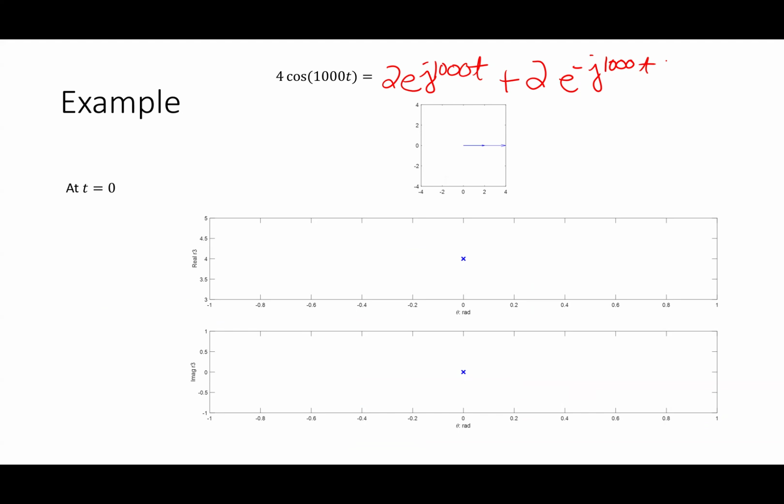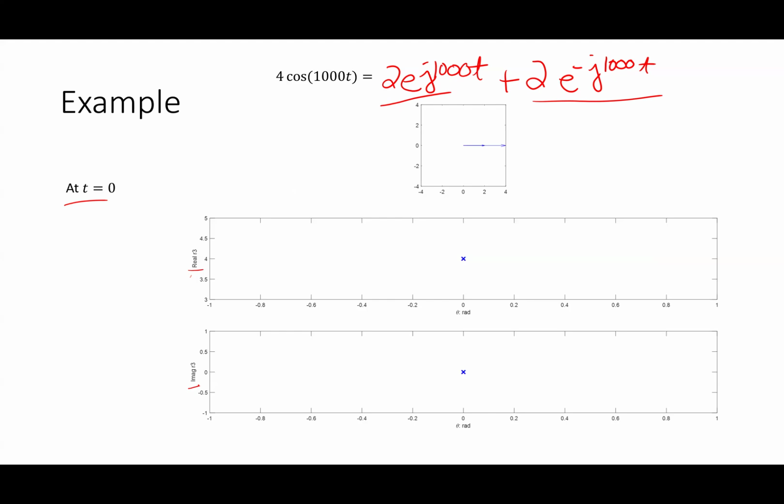Okay. So what I showed here is basically a couple of things. What I showed is this vector, and their sum. And I did this specifically at t equal to 0. And then down here, what I have is the real and the imaginary part of the sum.